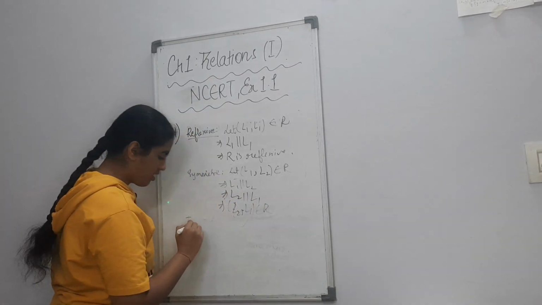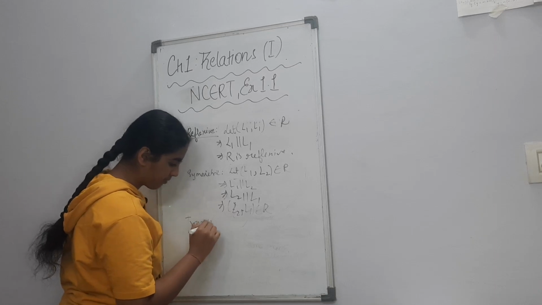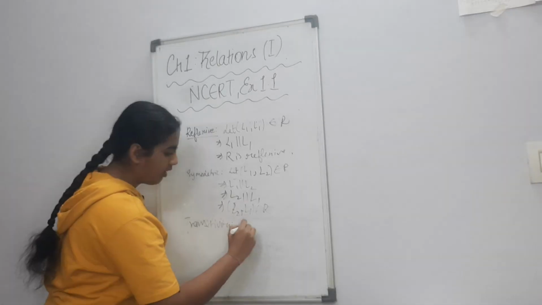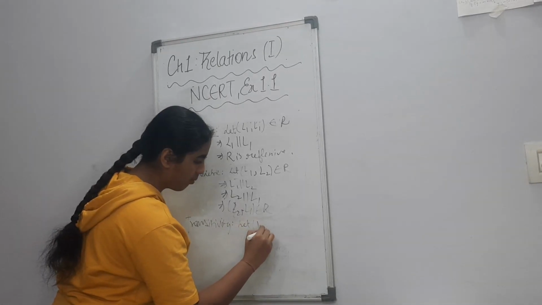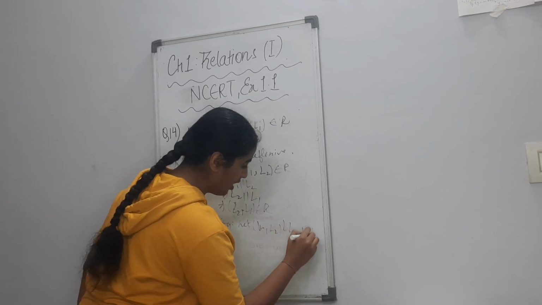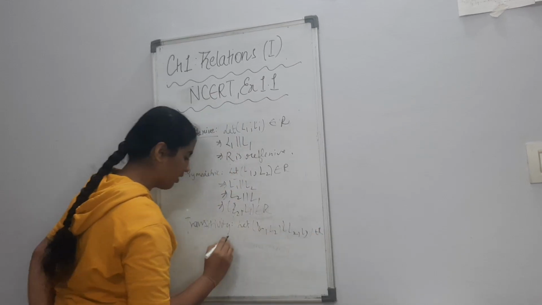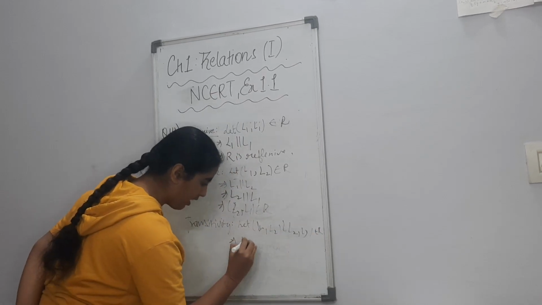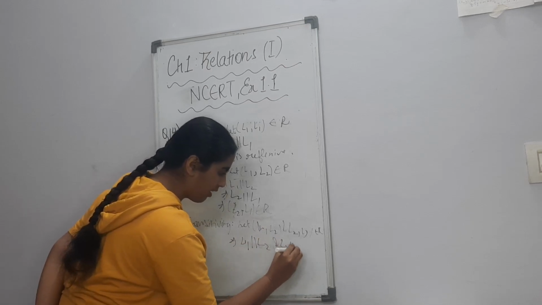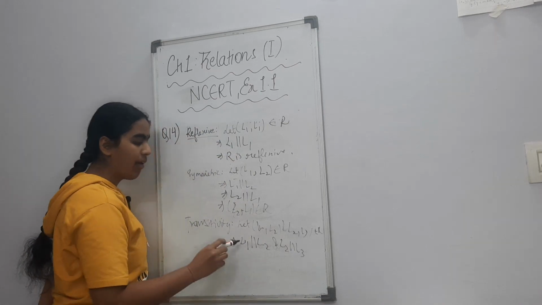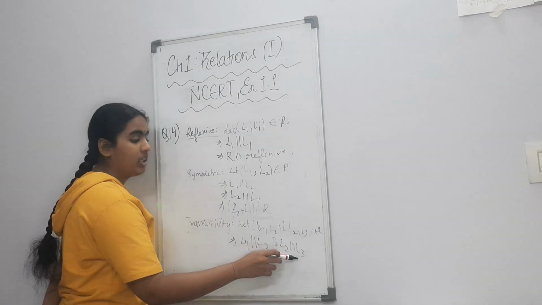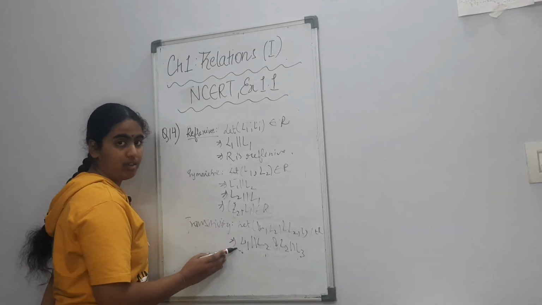Now checking for the transitivity. Let (L1, L2) and (L2, L3) belong to R. This implies that L1 is parallel to L2 and L2 is parallel to L3. Now if one line is parallel to the other and that line is parallel to another, then this line will be parallel to the first one.